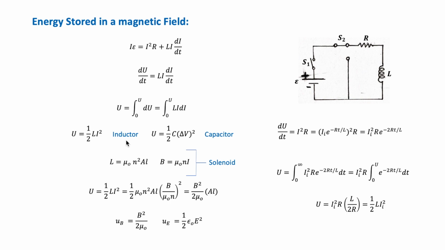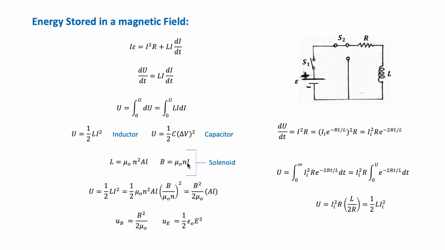So to find the energy per unit volume or energy density stored in a magnetic field, let's consider a solenoid whose inductance is given by this equation, and the magnetic field in the solenoid is mu naught N I, okay?